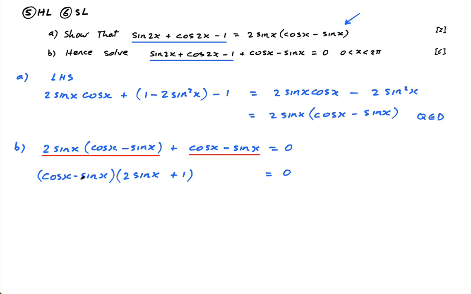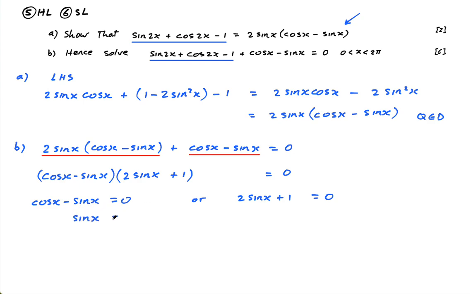Okay, so now I have both of these. I can say cos x minus sine x equals 0, or 2 sine x plus 1 equals 0. Solve this.